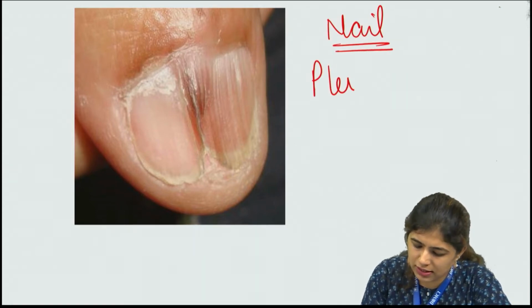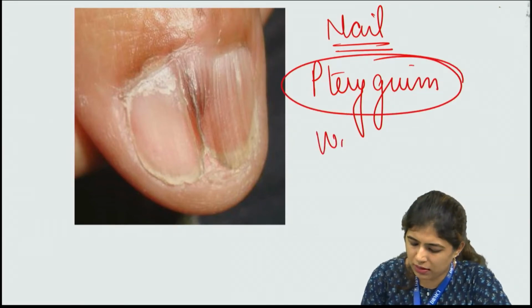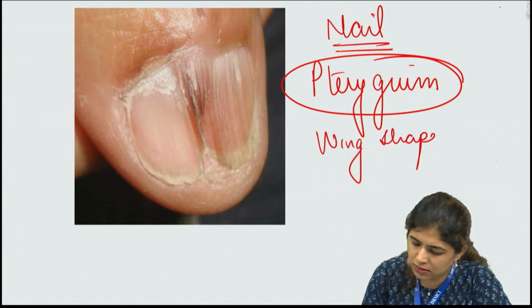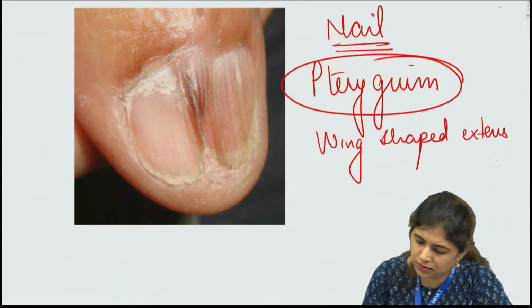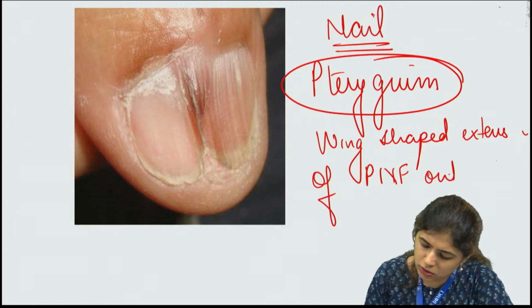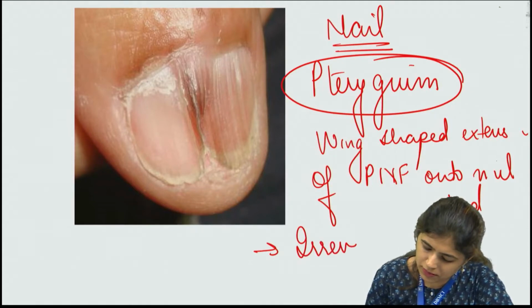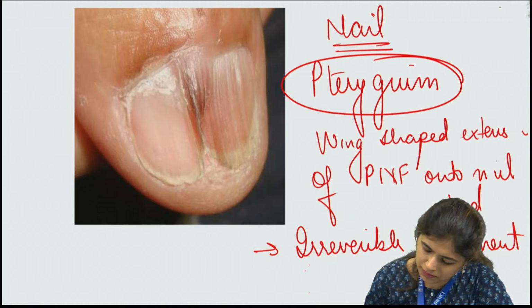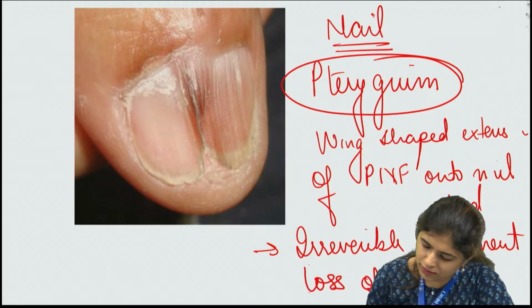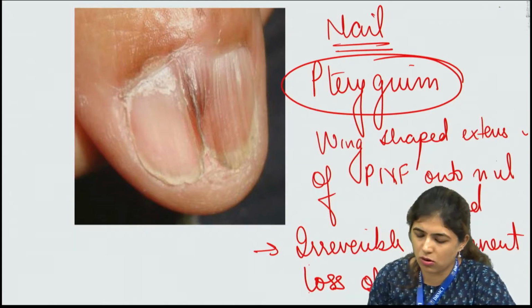Nail classic lesion is pterygium, which is wing shaped extension of the proximal nail fold onto the nail bed, leading to irreversible, permanent loss of nail. Clear to everyone? Irreversible, permanent loss of nail.